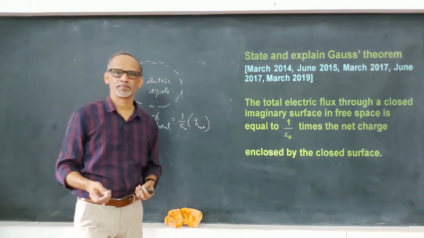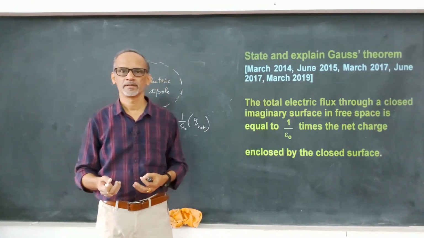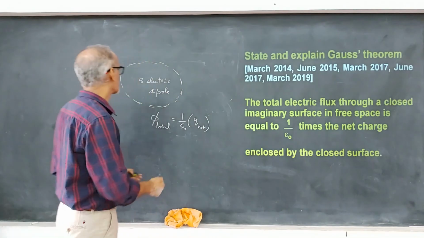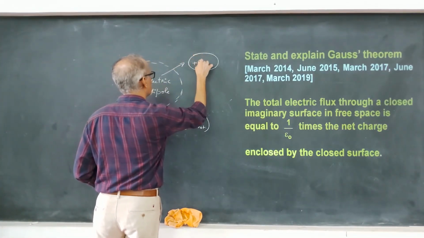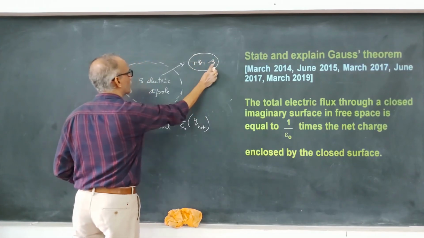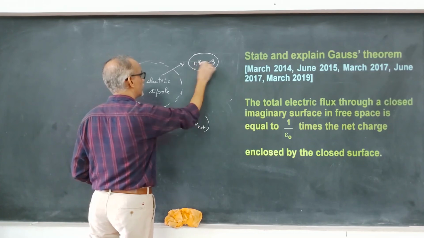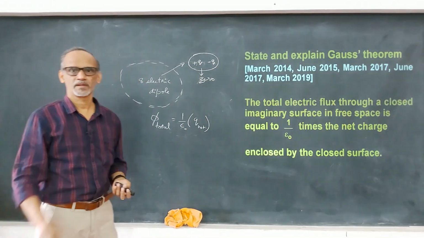What is an electric dipole? An electric dipole is nothing but a pair of equal unlike charges. So if I take one electric dipole, it is a pair of equal and opposite charges. What is the net charge of an electric dipole? Net charge is 0, plus q minus q, that is for 1.